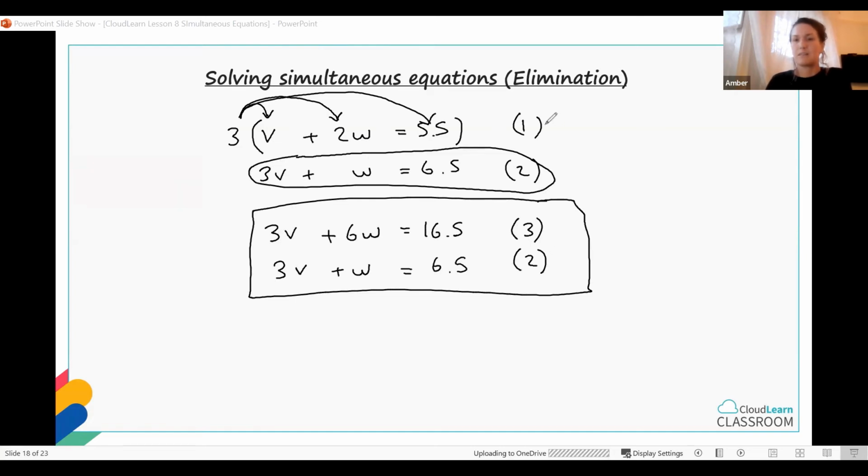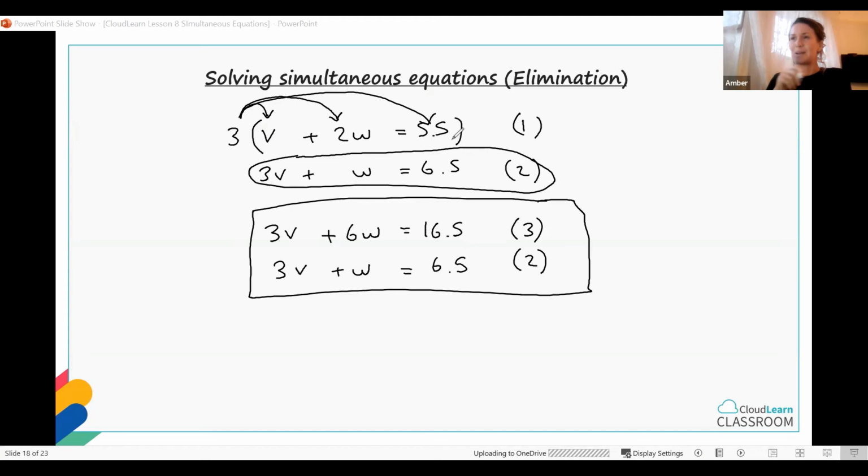They are the same thing. If we substitute the v and the w that we got into here, it's the same as this. It's just a less simplified version. Equation 3 can be simplified to equation 1 by just dividing everything by 3.